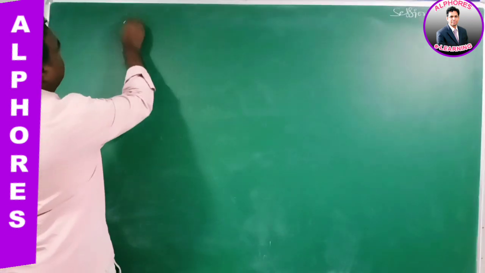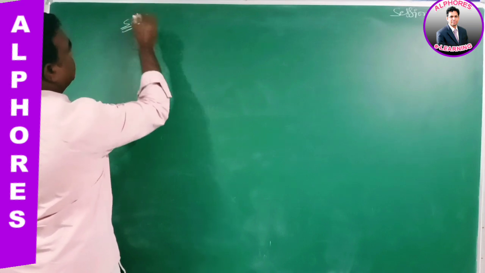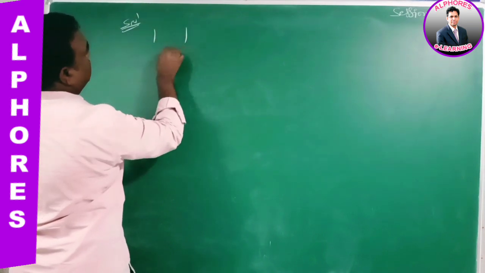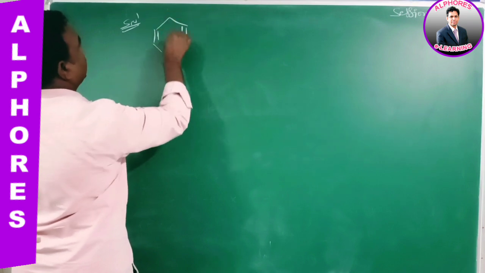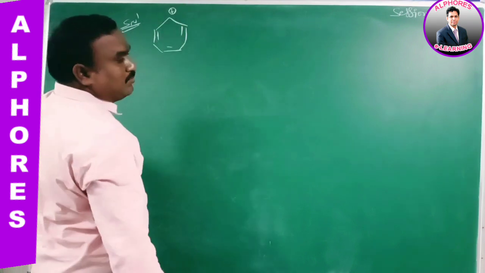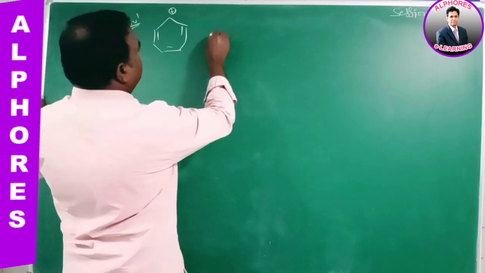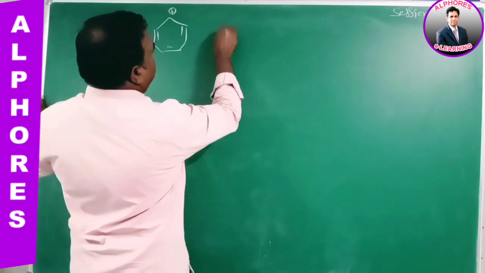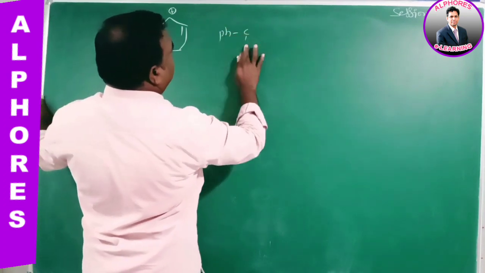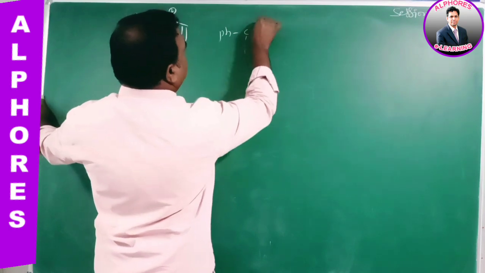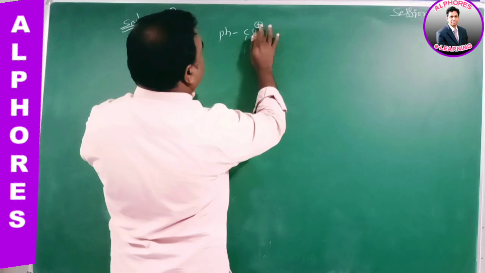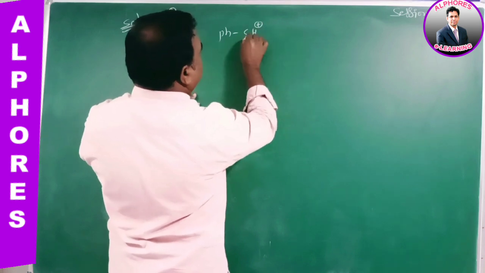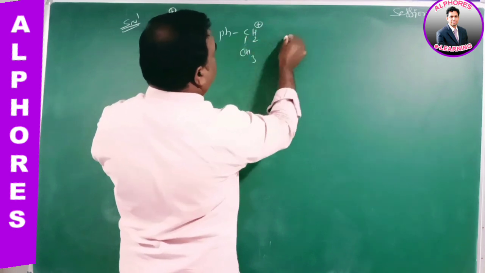So supposed to be here the SN1 reaction order, the cycloheptatrienyl carbocation is given. For example, here CH2Cl is given, or PhCH2Cl is given.